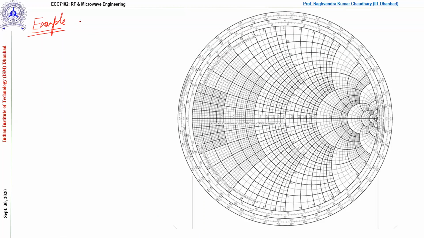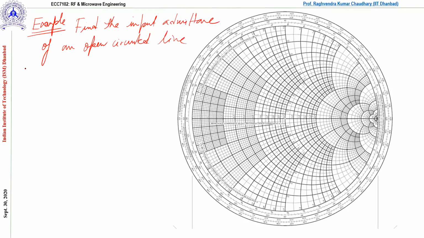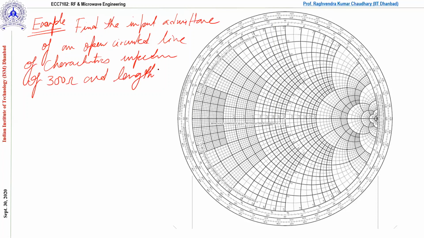Here the problem statement is: find the input admittance of an open circuited line of characteristic impedance of 300 ohm and length 0.04 lambda. The problem is very clear.